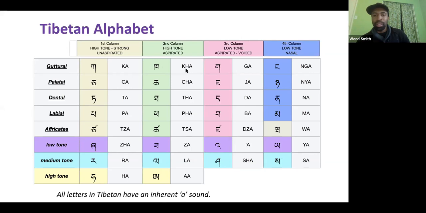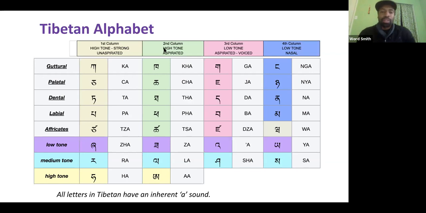It just means we are now aspirating the sound. So you should feel a little puff of air come out when you make these sounds. It's the same high tone as the first column. The only thing that's changing is now we are letting air out.